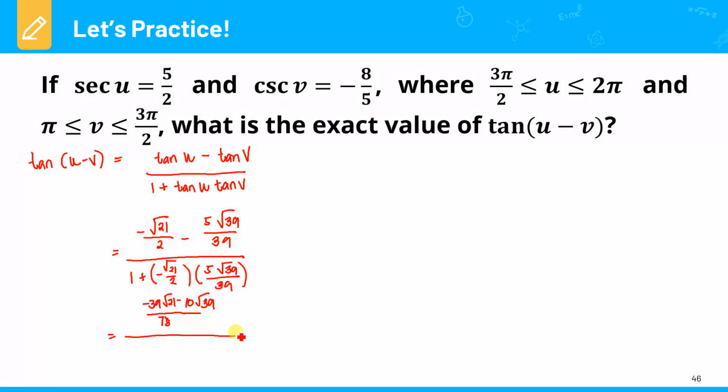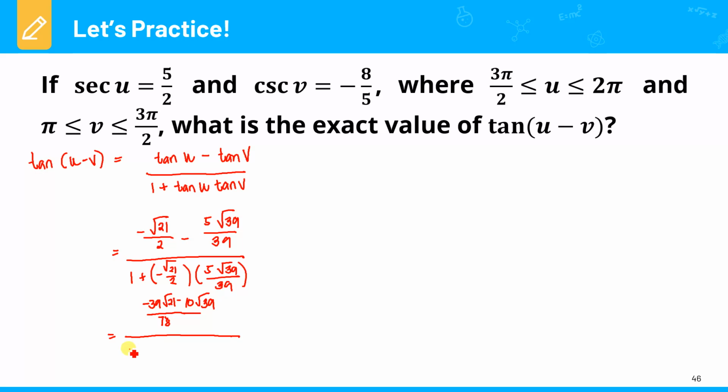All over, we have to simplify the denominator. Now take note here that we have 2 and 39, this is 78. Then 21 times 39 is 819. So let's write it out.